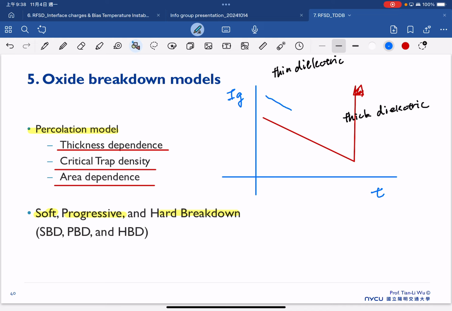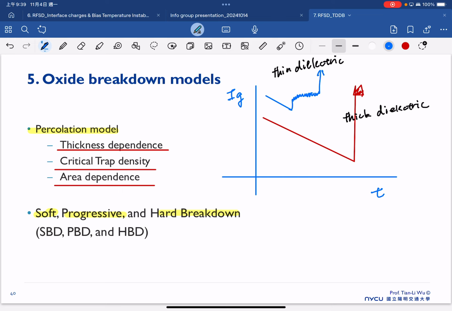Still we have the current decrease, but after a certain moment we see a gradual increase of current, not exactly reaching the hard breakdown. After a while we see the current shoot up again. That is more realistic when you work on TDDB reliability in some advanced technology, especially as the dielectric approaches very thin.